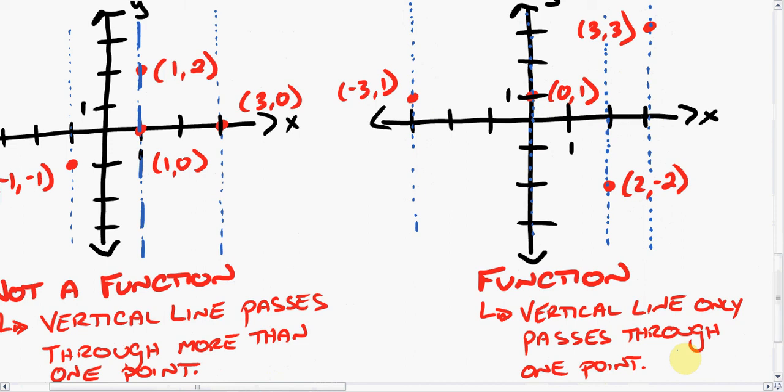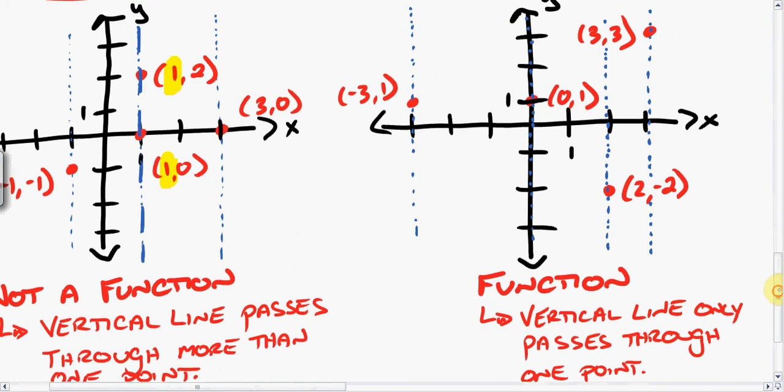Well, what's going to put 2 points above each other is the value of x. What do you notice about the value of x here? We have 2 values of x that are exactly the same. So if you have 2 values of x that are exactly the same, that's another indication that you don't have a function. Whereas here, look at our values of x. We've got -3, 0, +3, and +2. Each of those values of x is different, thus the vertical line only passes through one point each time. So we have a function.